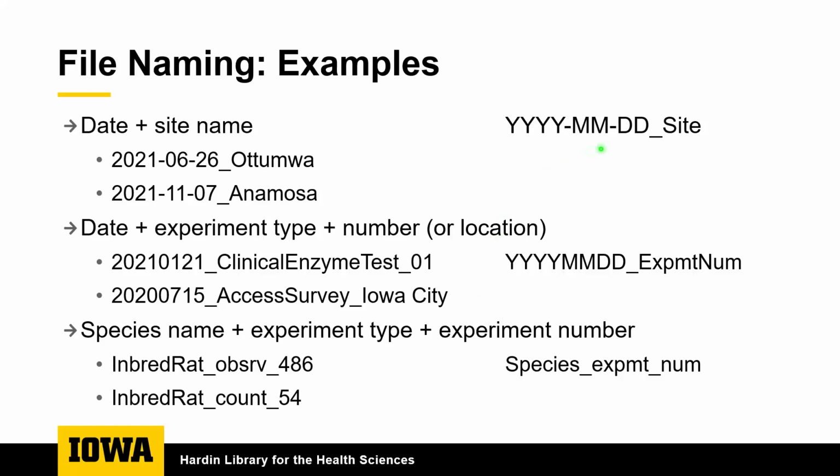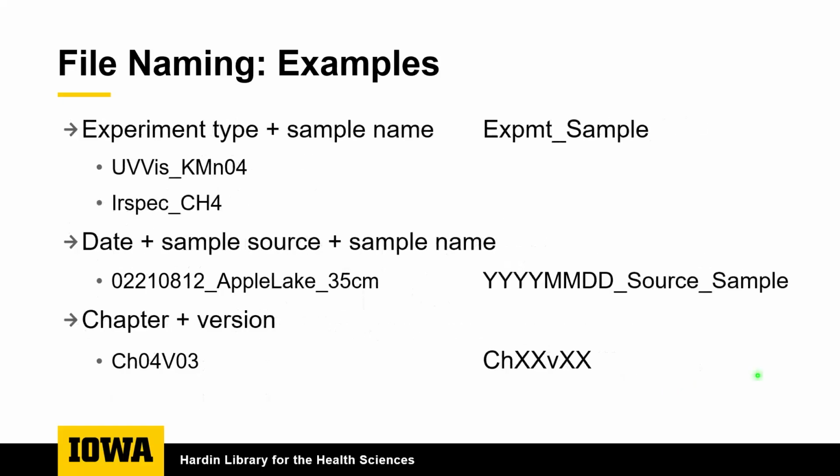You can do the date and site name, the date and experiment type and number or location, the species name and experiment type and experiment number, the experiment type and sample name, the date and sample source and sample name, and chapter and version.